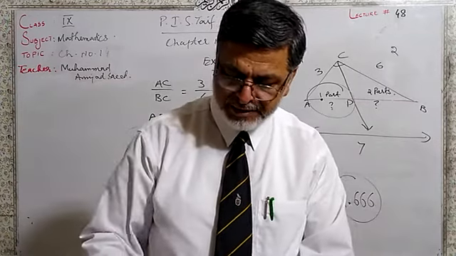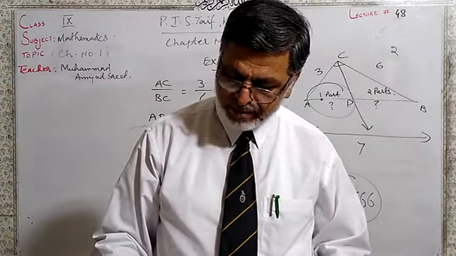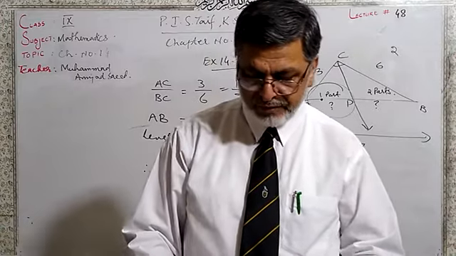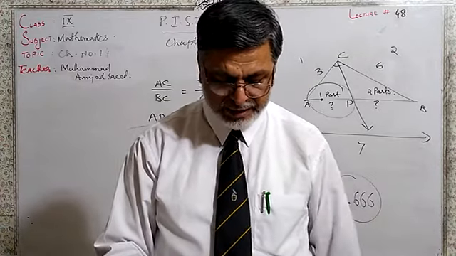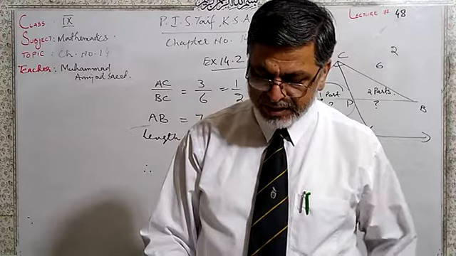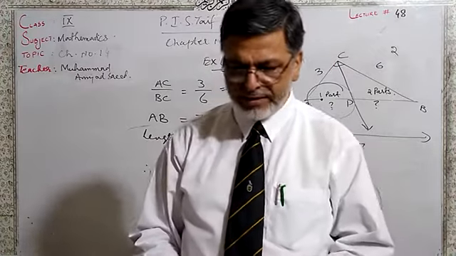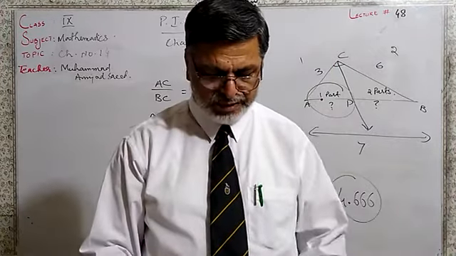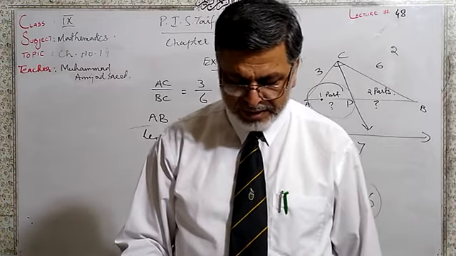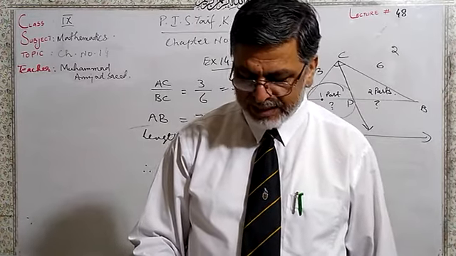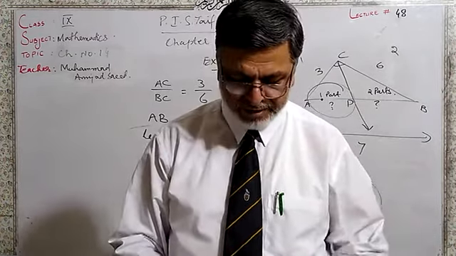After that, dear students, we have review exercise 14. Congruent triangles are of same size and shape. Yes, it is correct. Question number 2, similar triangles are of same shape but different sizes. Okay, it is correct.